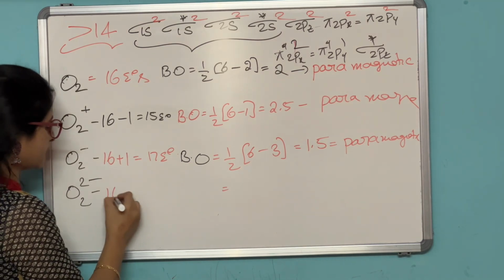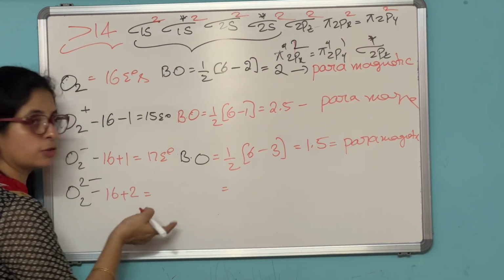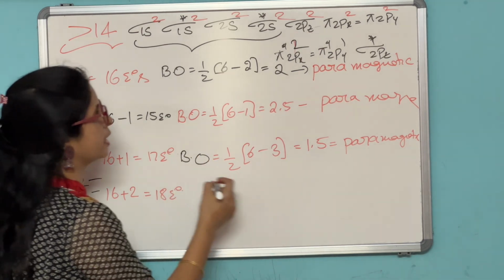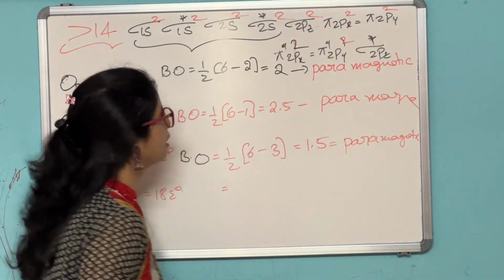O2 2 minus is obtained by the gain of 2 electrons by oxygen, altogether 18 electrons, so the electronic configuration will be like this.